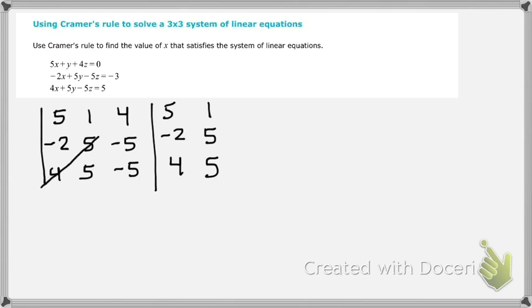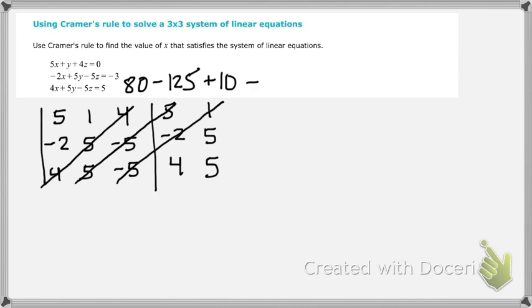So this is 20 times 4 is 80, and then I've got 5 times 5 times negative 5, that's negative 125, and this diagonal here will be a plus 10. So that's 90 minus 125, call it negative 35, right?